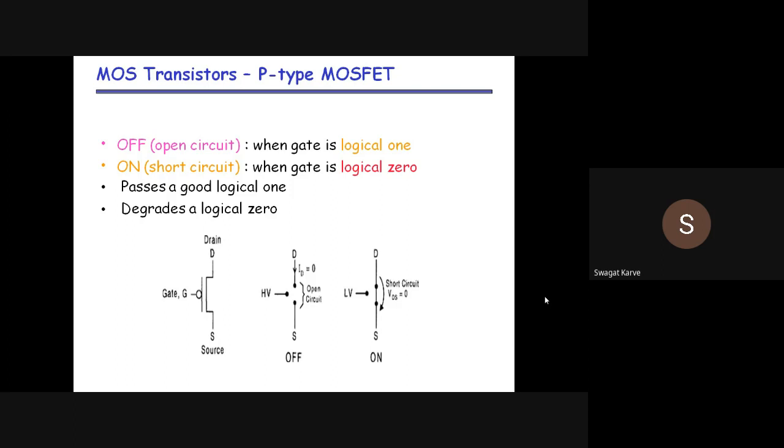Right? Because for a short circuit, you will not get any voltage, but current is infinite. That means for an on switch, VDS is 0, ID is infinite. For open circuit or open switch, VDS is infinite, ID is 0. That is the open circuit case. Right? So this is about the P-type MOSFET and N-type MOSFET.